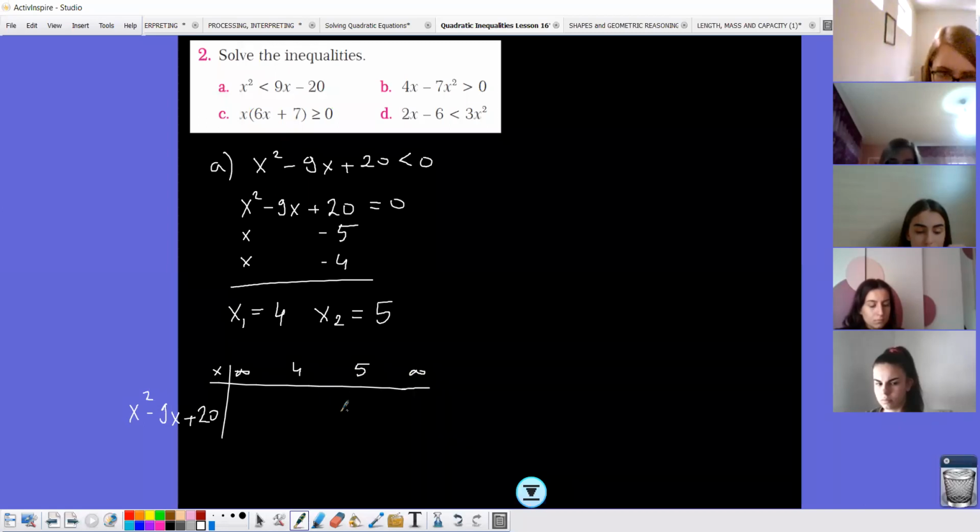Teacher will start with plus. Why plus? Teacher, because we have a positive number in front of x squared. Okay, we are starting with plus. Then minus, then minus, then plus, then plus.